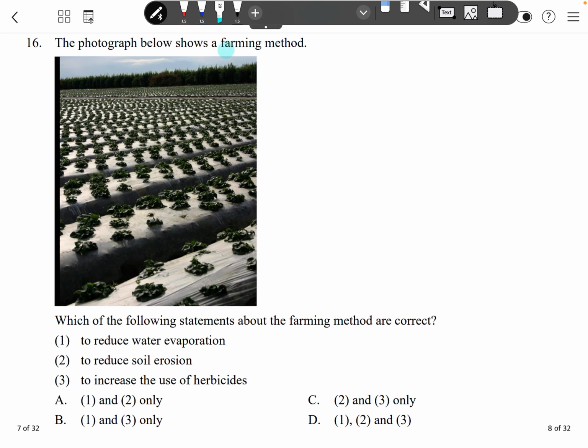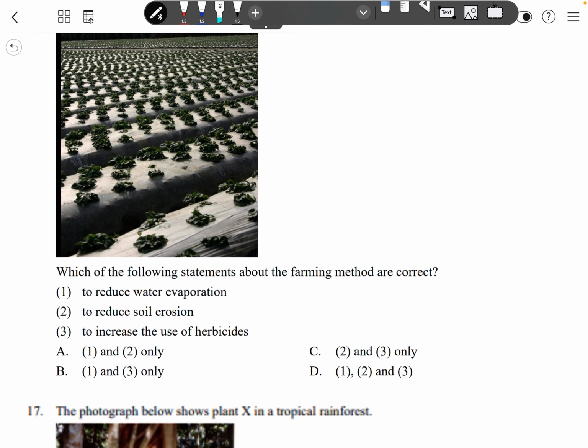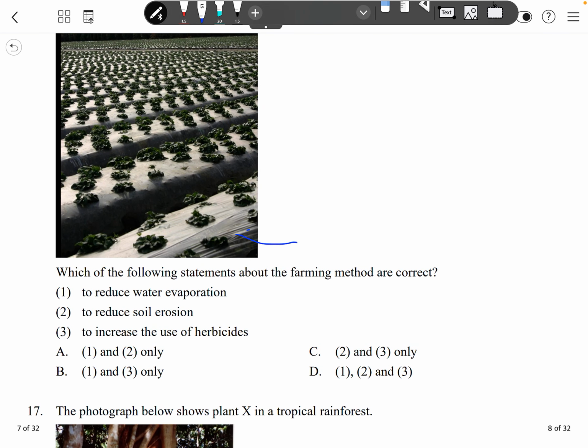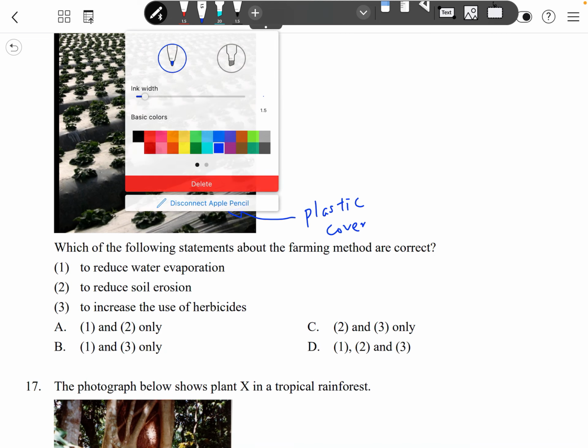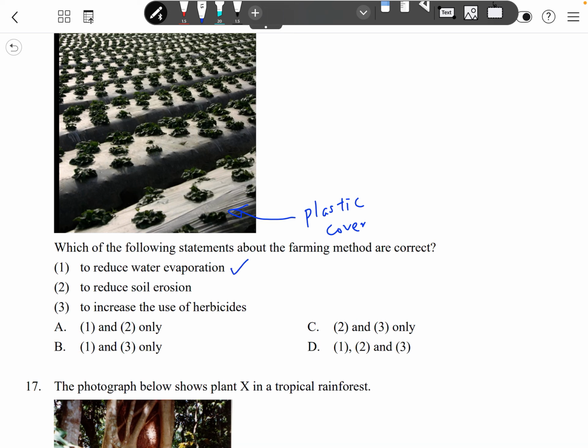Number 16, this is a farming method. Actually the farming method is the use of plastic cover. Which of the following about the farming method are correct? Number 1, to reduce the evaporation. Yes, so to cover the soil.